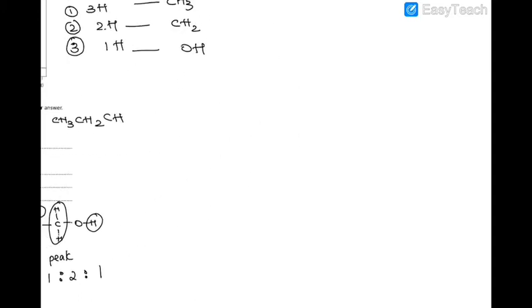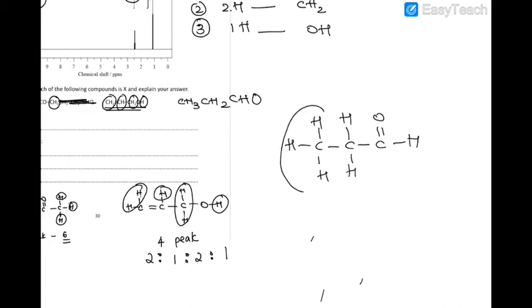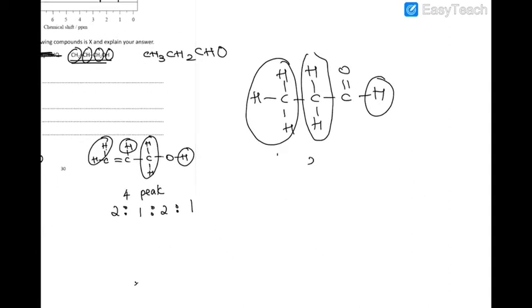And the last one, so CH3, CH2, and then CHO. So you see you have the CH3 here. So this is one environment, this is a second environment, and this is the third environment. So 3 peaks of ratio 3:2:1.